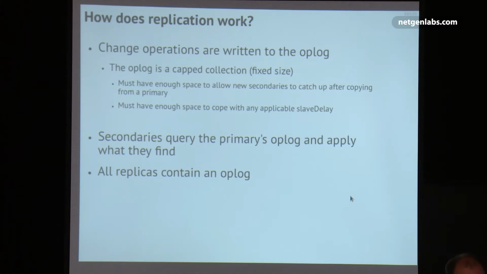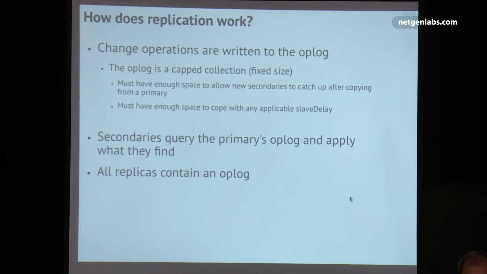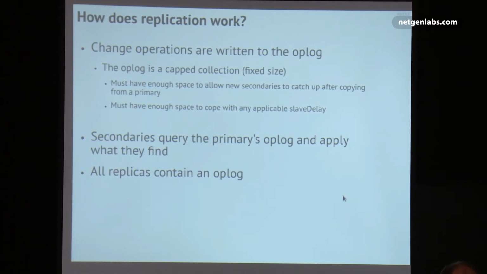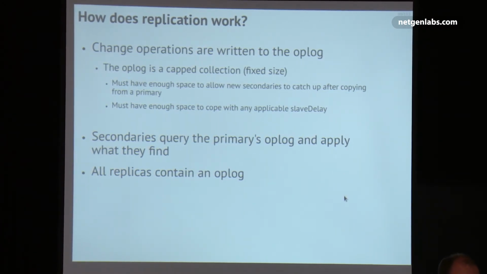If you don't do that, then the node cannot catch up with the master because there's data missing in the operations log, which means it has to do a full resync, which I think at the moment requires administrator intervention as well. So you need to make sure that you have enough space in your oplog. And that's something you can quite easily monitor, and there are some tools for that as well.